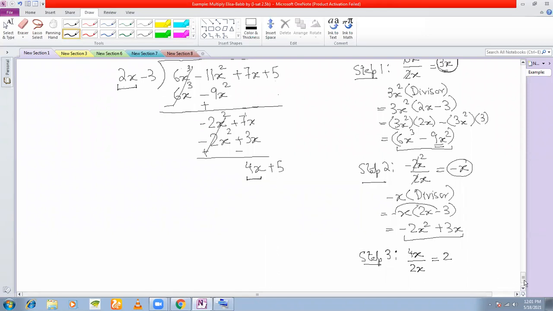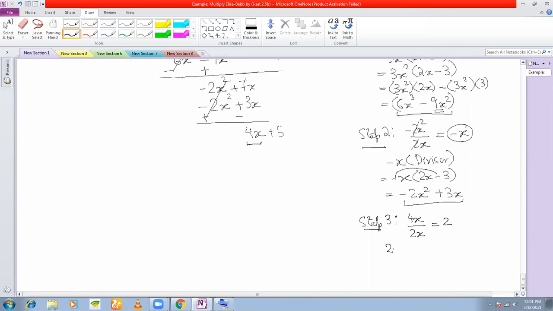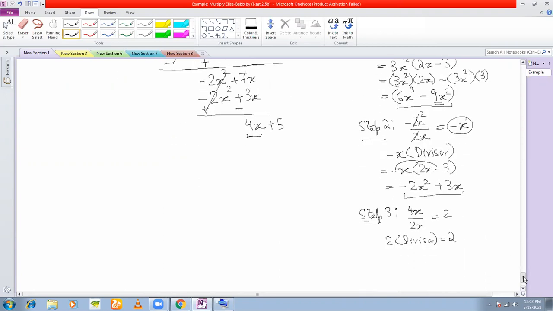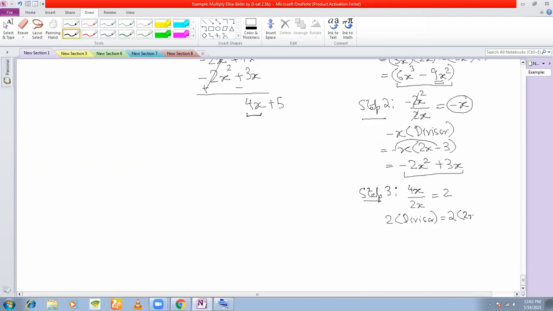You get 2, right? So now this 2, you multiply it by the divisor, right? And what is the divisor here? Divisor here is 2x minus 3. You multiply, you get 4x minus 6, right?